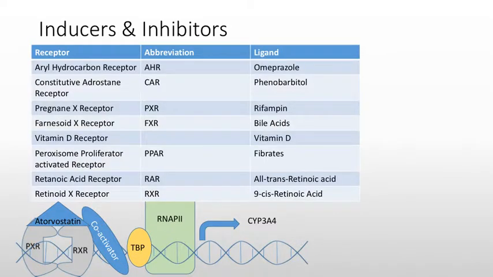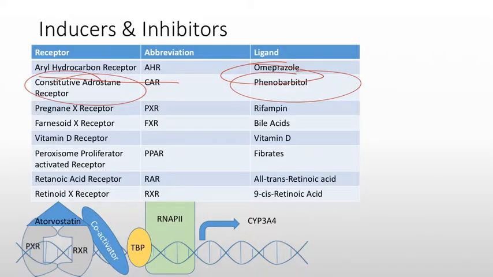So here is a list of ligands and receptors, so for example, the aryl hydrocarbon receptor, we already said omeprazole, the constitutive androstenedione receptor, phenobarbital. These are not super high yield, but just being aware of them and cognizant of them is helpful.